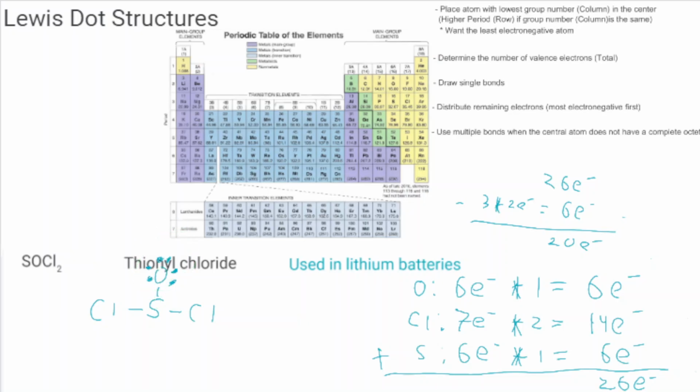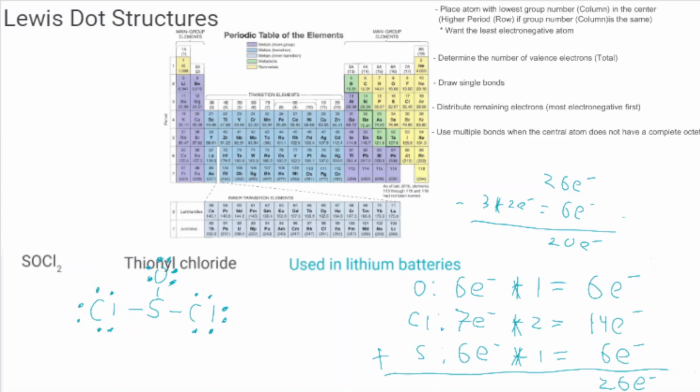And I'm going to choose the right chlorine just because. 7, 8, 9, 10, 11, 12. And now I can move on to the next chlorine. 13, 14, 15, 16, 17, 18.